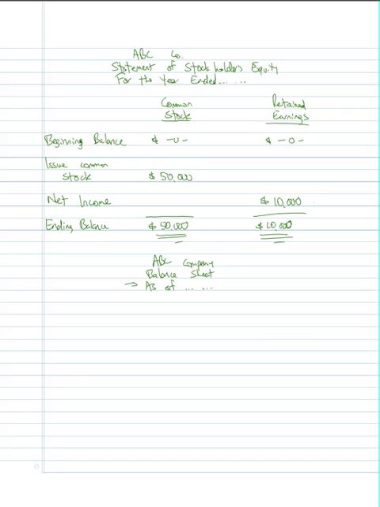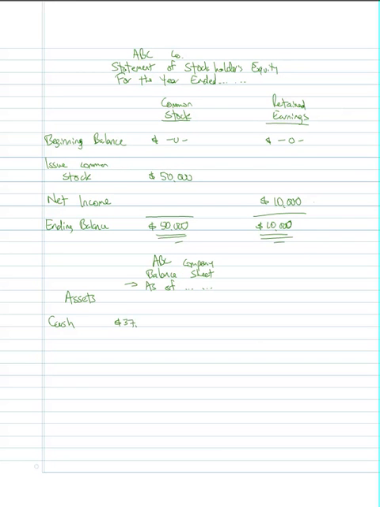The balance sheet does not summarize all the transactions that happened during a period, but as of a point in time, as of essentially December 31st, or whatever the last day of the year is, what was true about the business? What did it own? What did it owe to creditors? And what claims did its owners have at a single point in time? Our balance sheet essentially reports our fundamental accounting equation, assets equal liabilities plus equity.